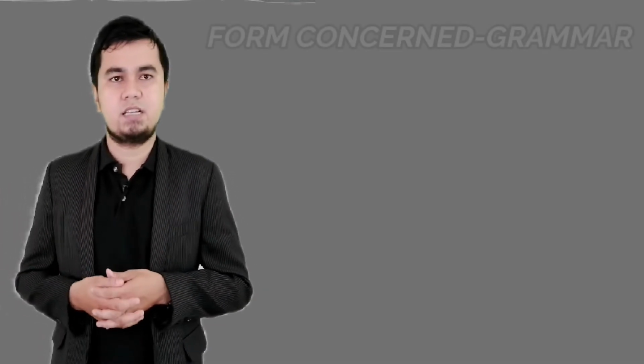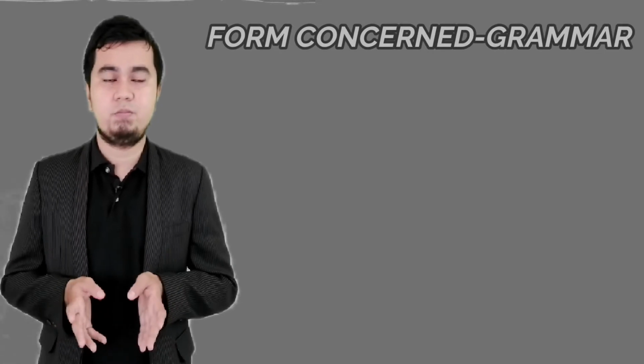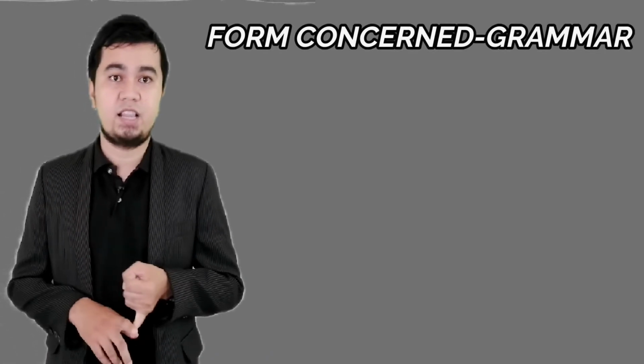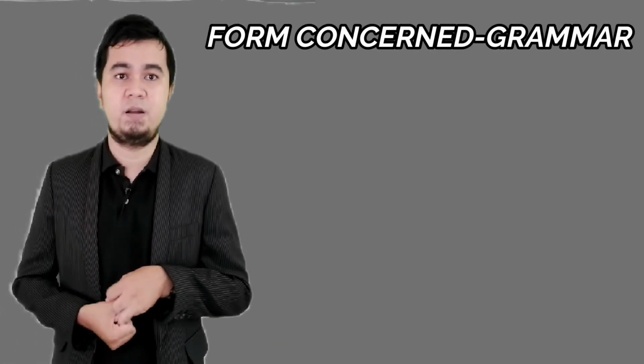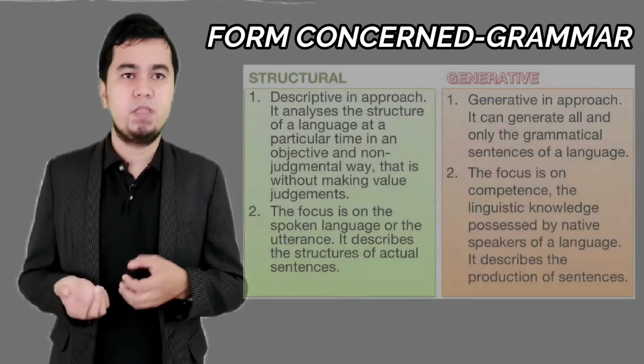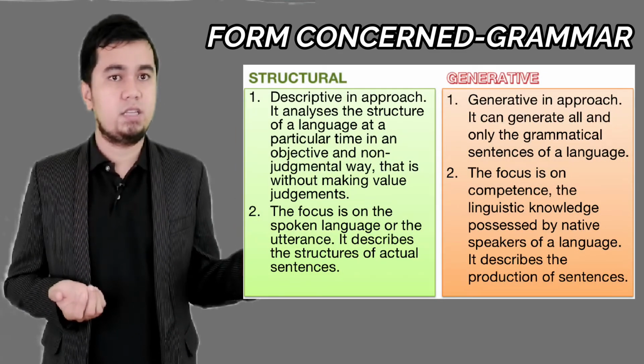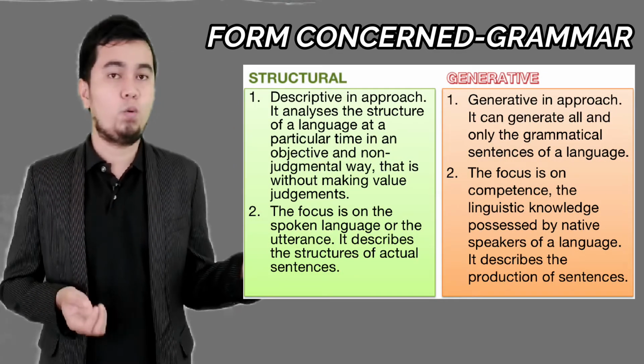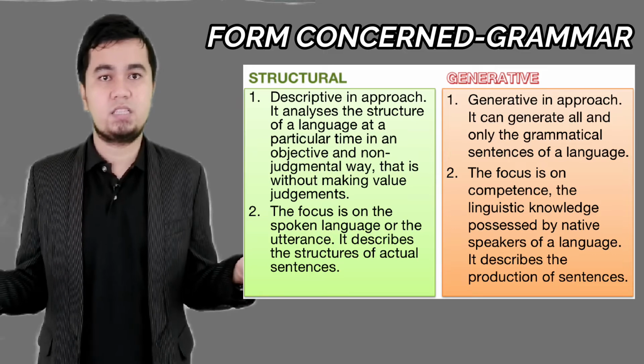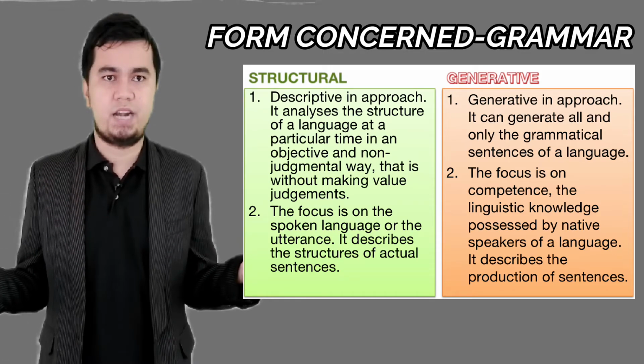Now, we have the similarities and differences of the form-concerned grammars, because we said we have the structural and the generative grammar. As you can see, the structural is descriptive in approach, while the generative is generative in approach, right?